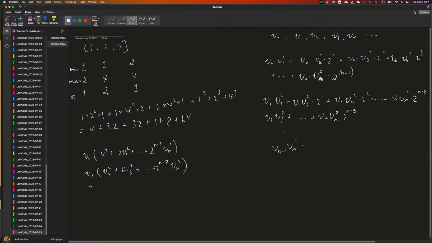And then V2: V3 squared, 2 V4 squared, 2 to the n minus 3 Vn squared, up to V(n minus 1) times Vn squared. Okay, so that's the whole thing. How would you summarize this?